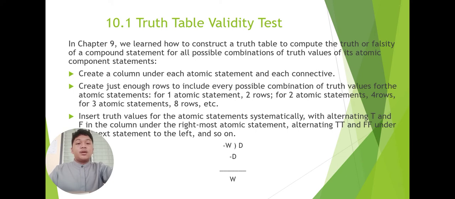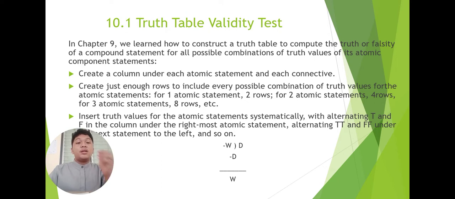So here we go in our first topic, 10.1 Truth Table Validity Test. In Chapter 9, we learned how to construct a truth table to compute the truth or falsity of a compound statement for all possible combinations of truth values of its atomic component statements.